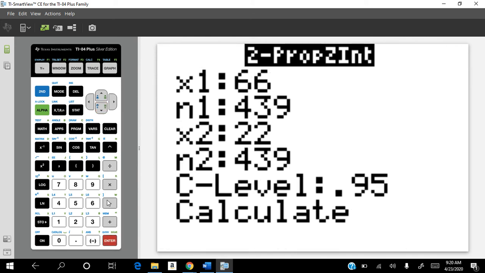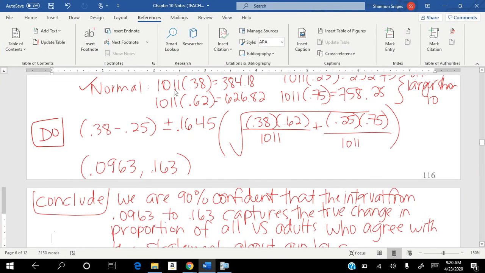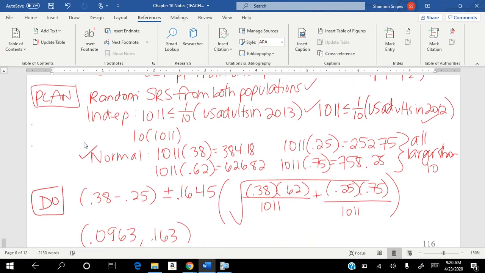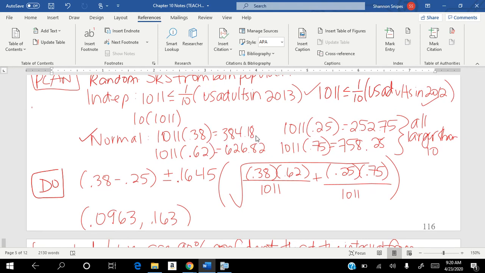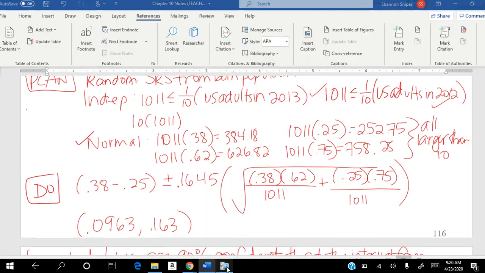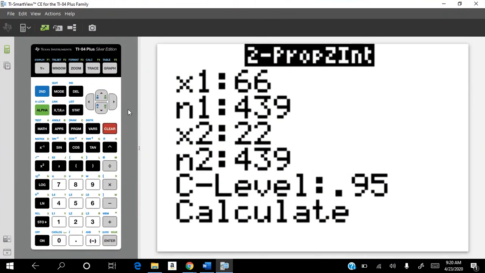All right, our first number of successes. Now, if you'll remember, this is going to come from these numbers right here, 384.18 and 252.75. But remember, when we're using our calculator, we have to round according to the rounding rules. So our first successes, it was 384.18, so 384.